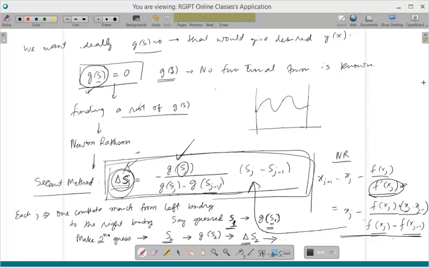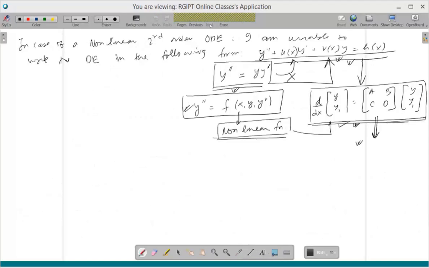Okay, so now let's move on. Let's go back to our problem of axial dispersion. What I just described is most generally applicable.